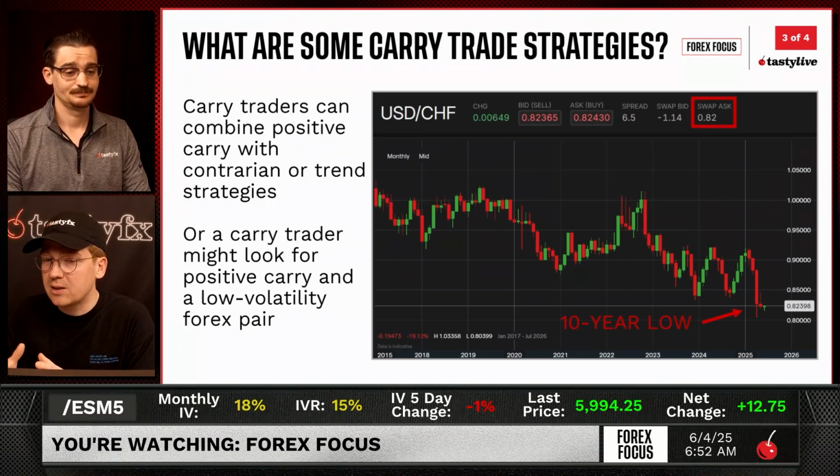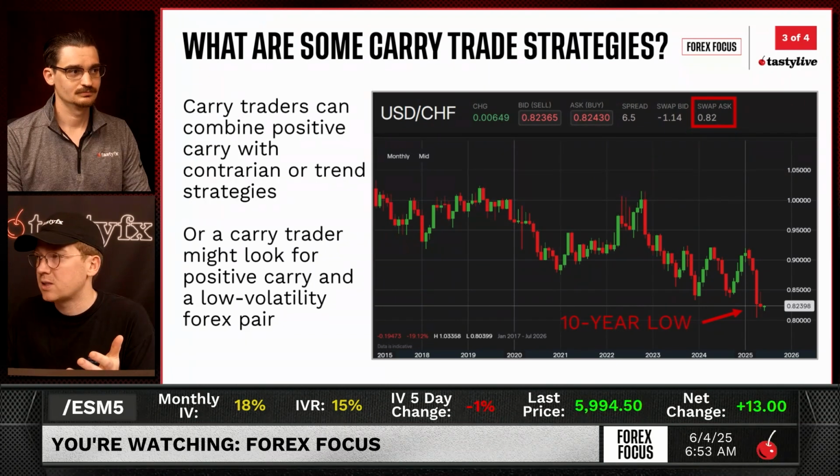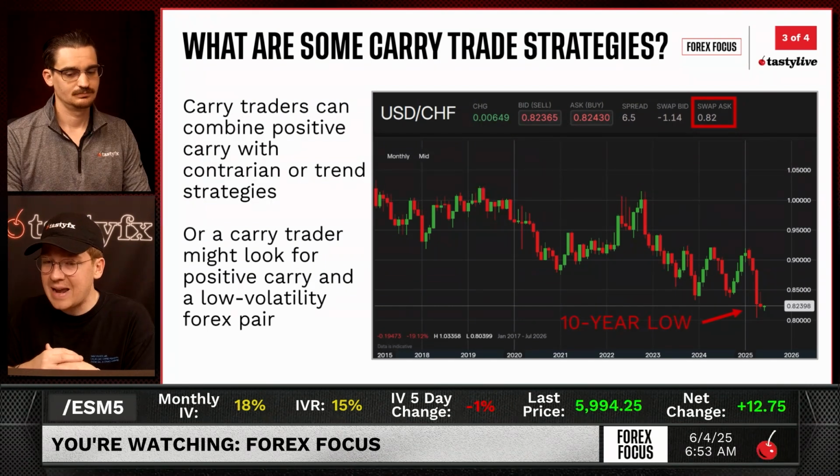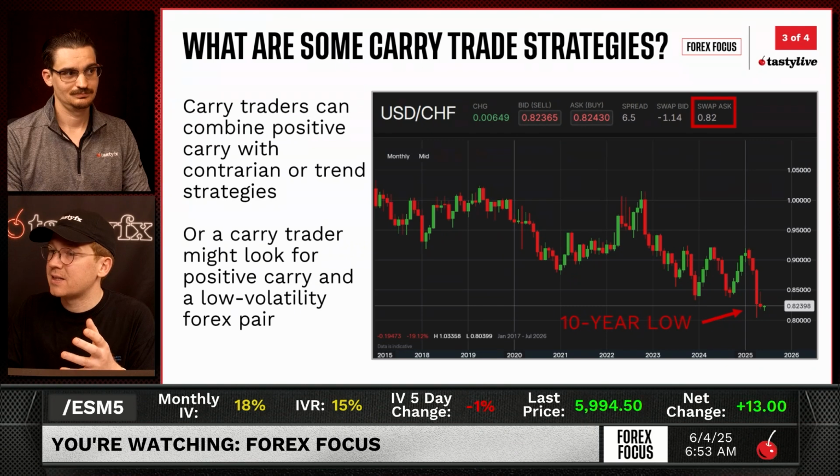Contrarian traders might look at a market like this dollar Swiss franc and say, okay, I'm getting around a point every night in this overnight funding. U.S. rates are 4%, Swiss rates are near 0%. And the U.S. dollar, this kind of rarely happens, but it is a little bit of an unwind trade.